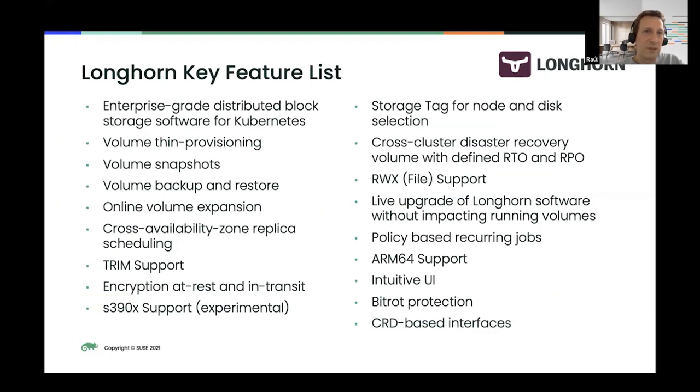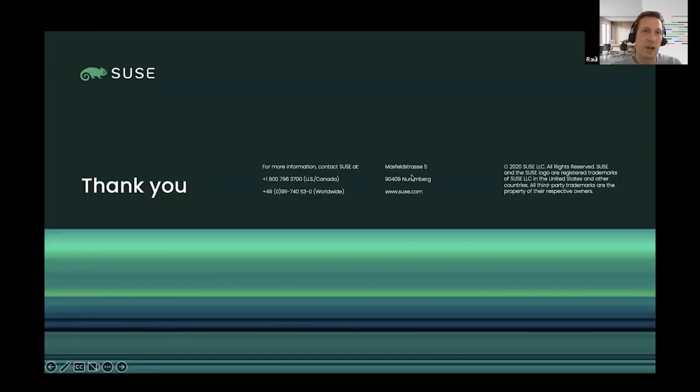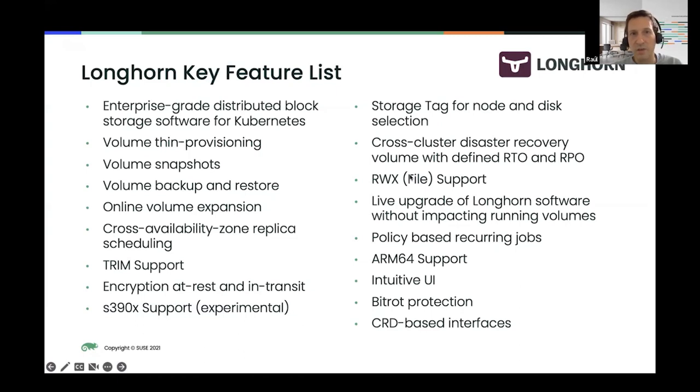So what are the key features? As I mentioned before, it provides enterprise-grade distributed block storage for Kubernetes used in real-world production workloads. It allows you to do thin provisioning and create volume snapshots. With the UI, you can easily manage them as well as easily back up and restore volumes you have created to or from a secondary storage like NFS or S3 compatible object storage.